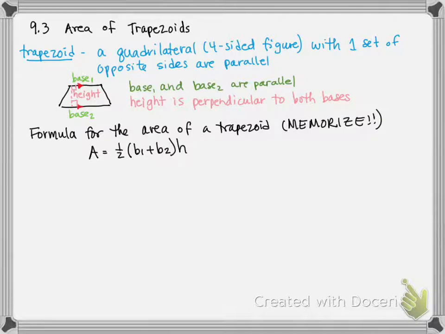So it's got a half like a triangle. But because there's two bases, we kind of have to figure them out. So if you just look here for a moment, this is like saying, let's add the bases and divide by 2. That's kind of like finding the mean of the bases.